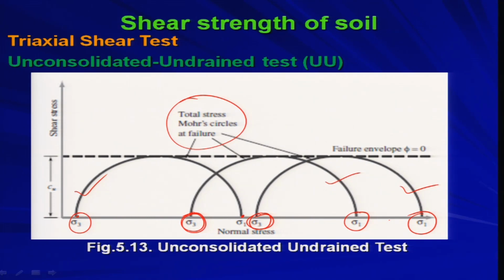In all the cases, σ1 minus σ3 is nothing but your Δσ_dF. The difference remains the same. Therefore, you get one horizontal failure envelope where φ equals 0, and you get some intercept on the y axis, the shear stress axis, and that is nothing but your cohesion.